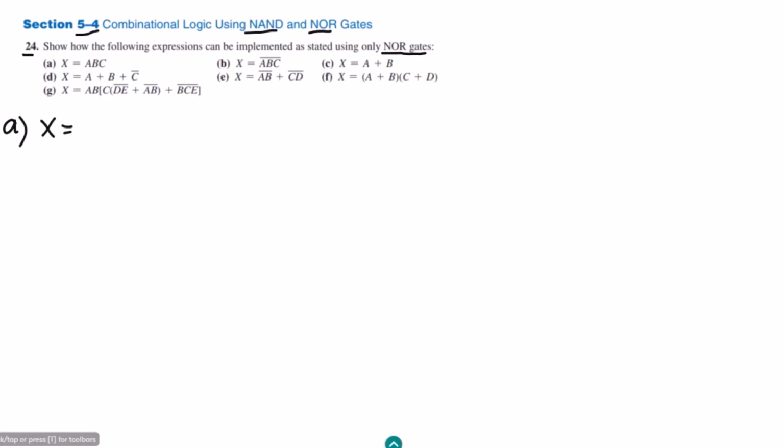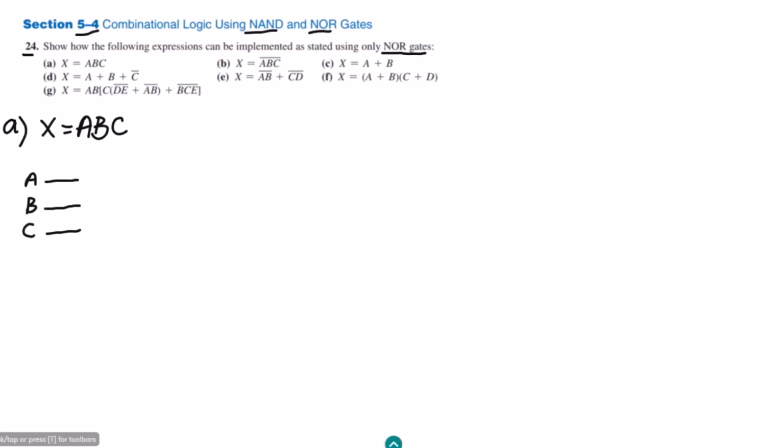So in A we have x equal to ABC. What we have here is three inputs which are ANDed together. So let us have A, B, C, three inputs, and we have to implement this logic expression by using the NOR gate.